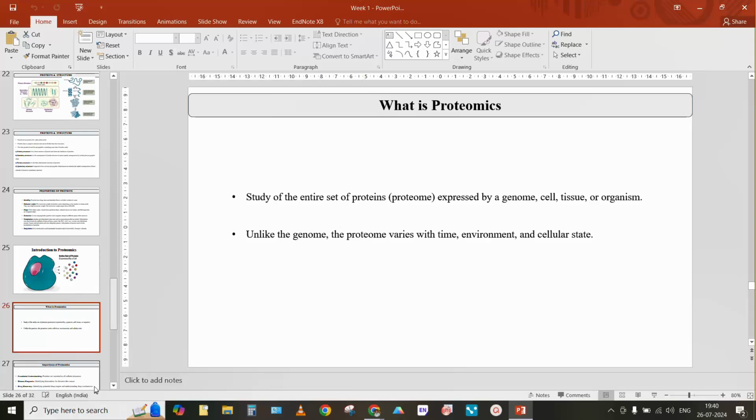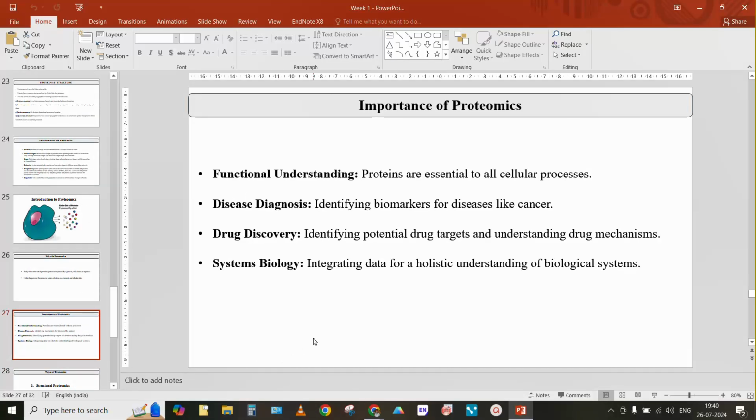So what is the importance of proteomics? First, functional understanding, where proteins are essential to all cellular processes. Proteins are the workhorses of the cell, as you know, involved in virtually all cellular processes. Understanding the proteome provides insights into cellular mechanisms, pathways, and their functions.